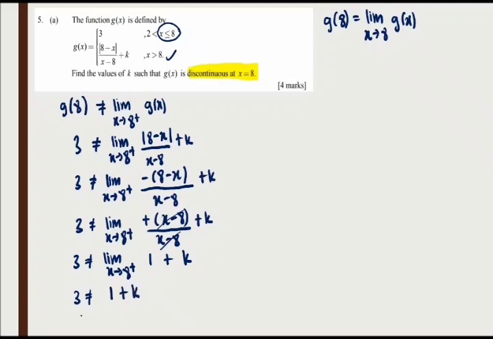If we rearrange this, k is not equal to 2. So this is the values of k: k can take all values except 2, because it is discontinuous at x equals 8. This is for question 5 part A.